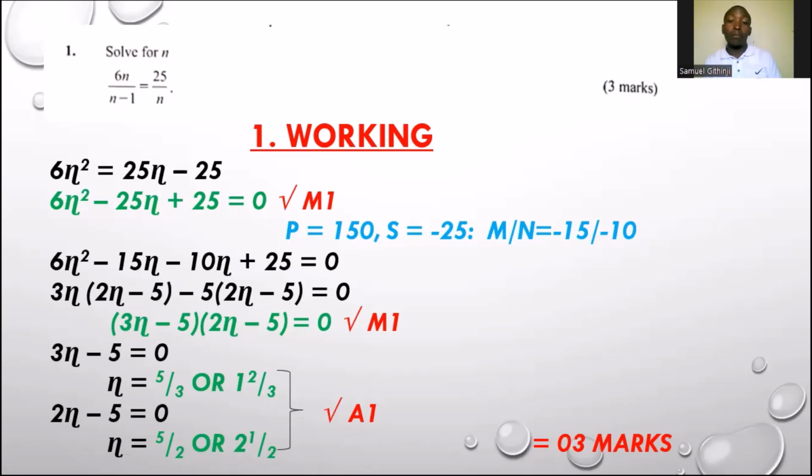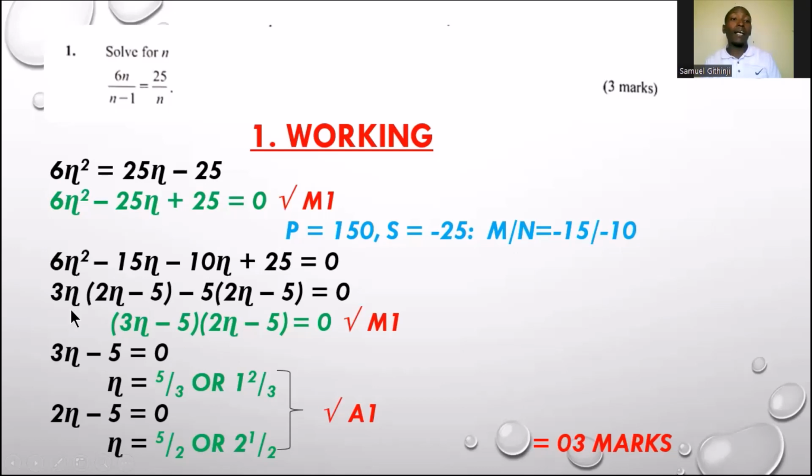Considering the sum, negative 25, both integers will be negative. So negative 15 and negative 10. What do I do with the two integers? I express the second term with them: negative 25n is the same as negative 15n minus 10n.